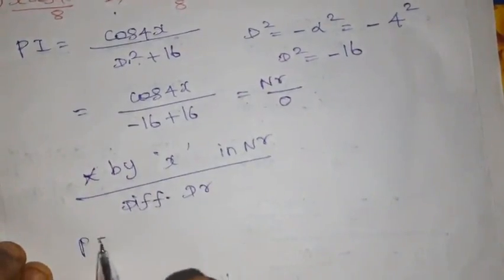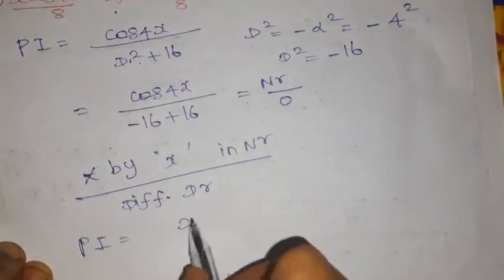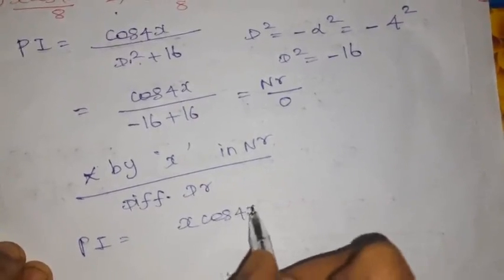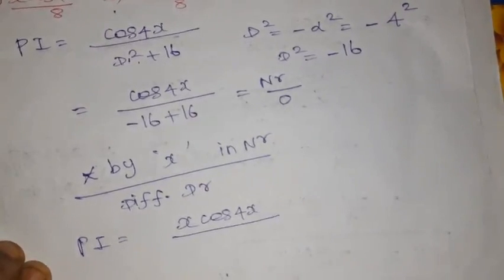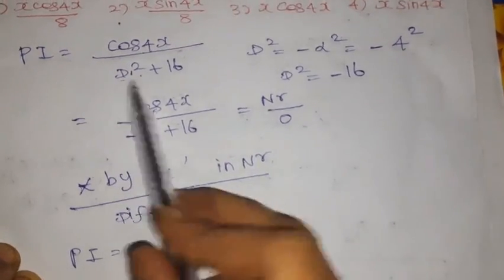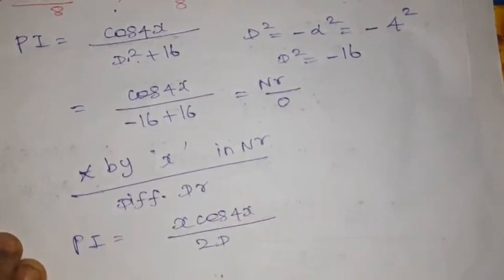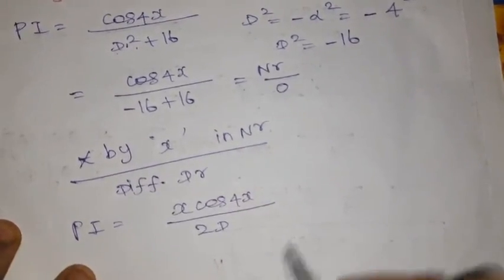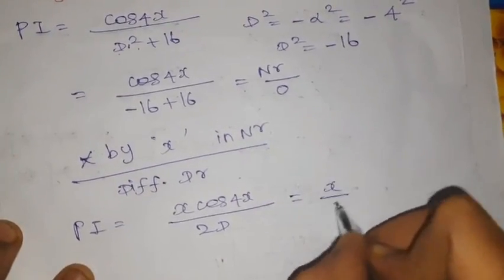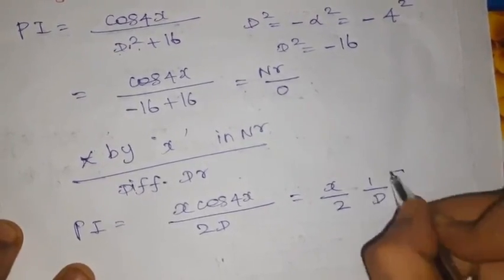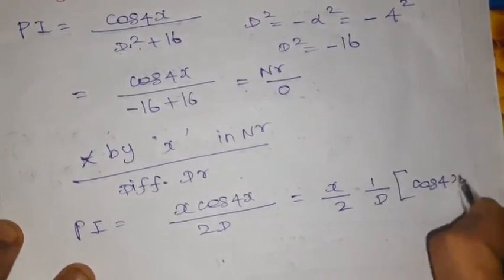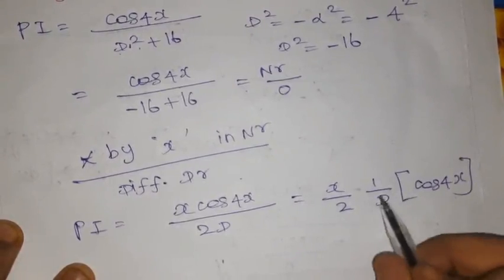So do this here. So PI equal to multiply by x, x cos 4x divided by the differentiated denominator, which is nothing but 2D. We will get 2D. So what is the next step? x by 2 into 1 by D of cos 4x. 1 by D is nothing but integration.